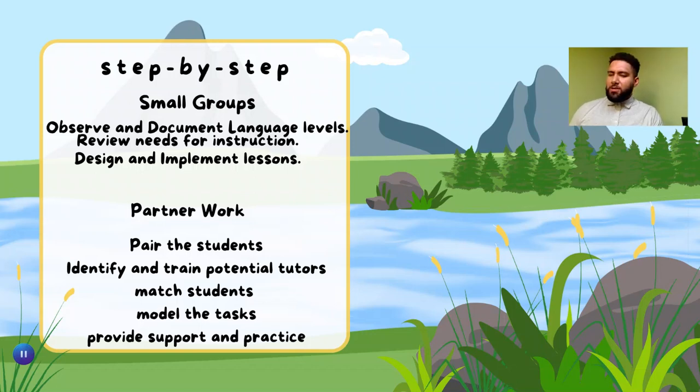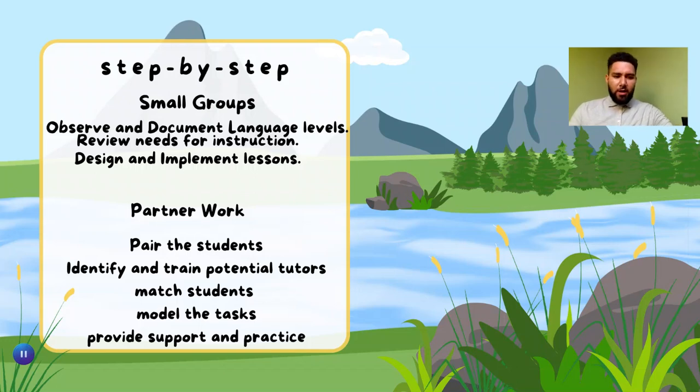I guess you'd be teaching the tutor Socratic questions in this section. Then match students. Once the tutors have been taught, have them pair up with their partner and work with each other on the skill for a little bit of time.